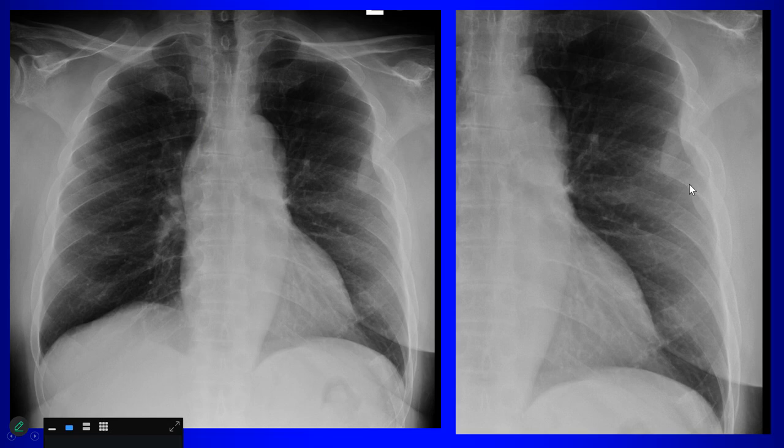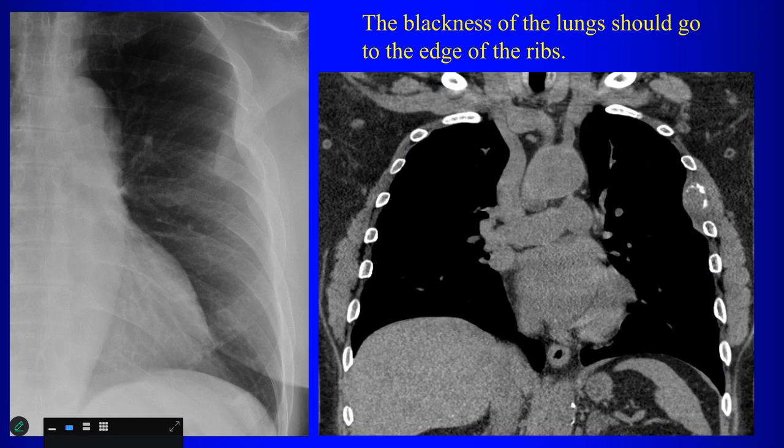Now you look carefully and you'll notice that that rib is missing. It's destroyed. In this particular patient it was actually multiple myeloma, but it could easily be metastatic disease, could be a tumor growing into the rib. There's something there in the chest wall. The blackness of the lungs should go to the edge of the ribs. Remember that when you're reading your chest x-rays.